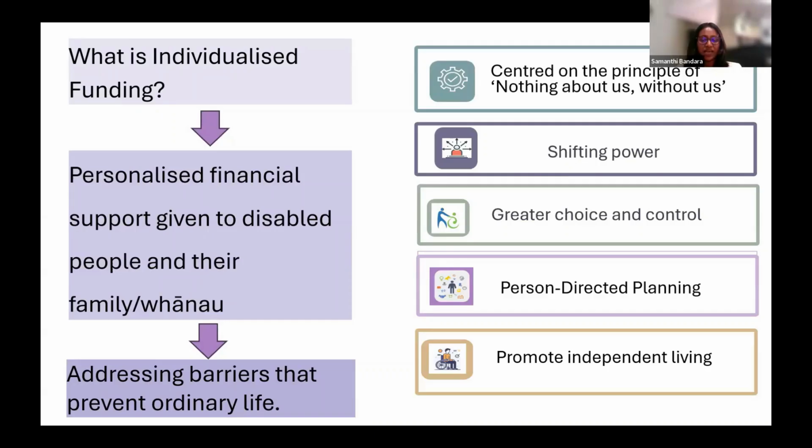So they can place the disabled person at the center of decision making, make their choices, and decide what they want and when they want. This promotes choice and control, inclusion and equity. Ultimately, it promotes independent living.